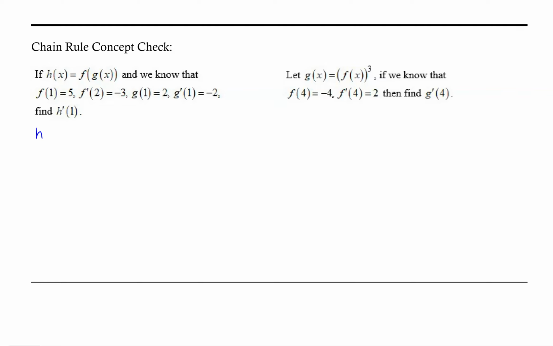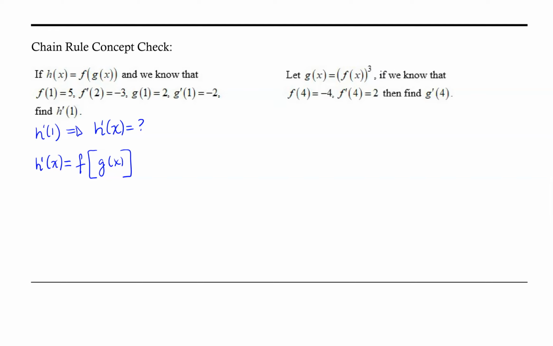So we want to find h prime of 1, which means we first need to know what is h prime of x. So h prime of x is equal to, and we're told we have f of g of x. So f is our outer function, and g is the argument to the function f.